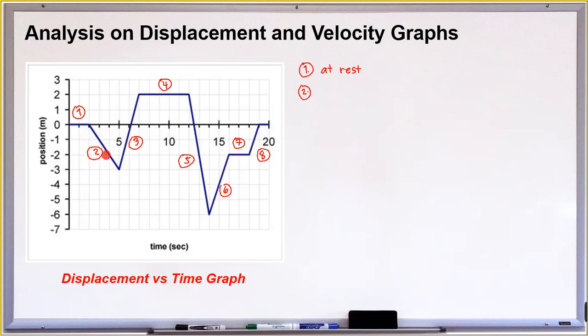Now for the second one, the position is negative. Since displacement is a vector quantity, a negative displacement means we went backwards, opposite to the original motion. So it is traveling in the opposite direction, because the position values are negative.